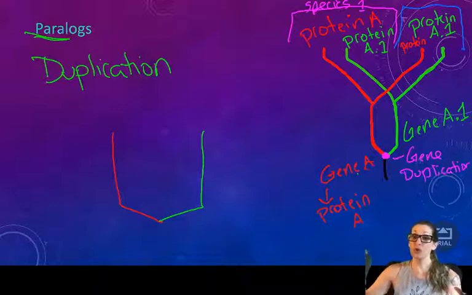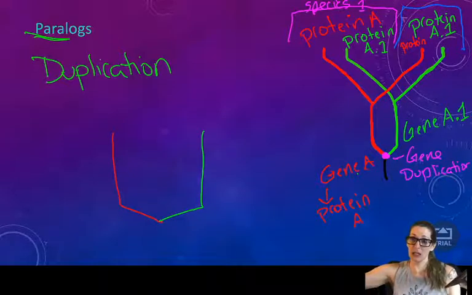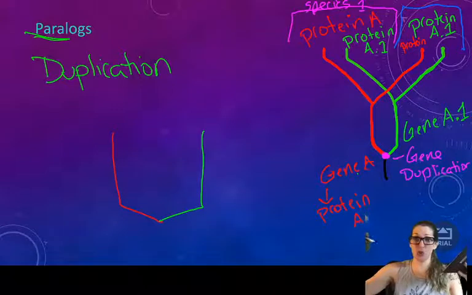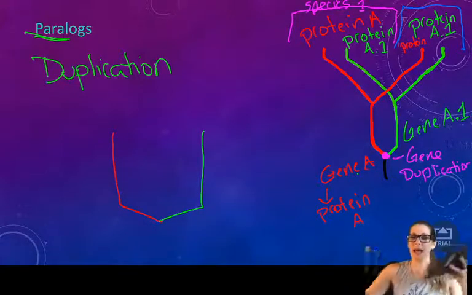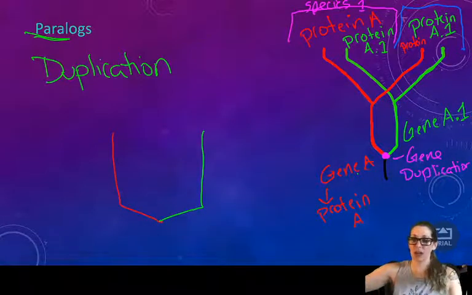Those two genes that exist because of a duplication event are similar because of a duplication event, not because they come from a common ancestor. They can experience different evolutionary pressures, and those different pressures can cause them to evolve in different ways in different species.